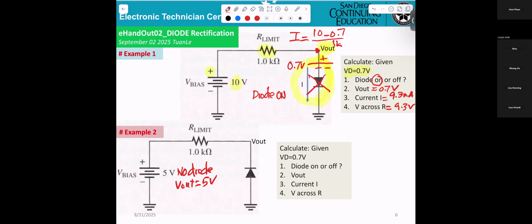That means, if you want V out, you are supposed to remove that diode. They're telling you V out equals the power supply, 5 volts. And if you get 5 volts at V out, the question is, is the diode on or off?